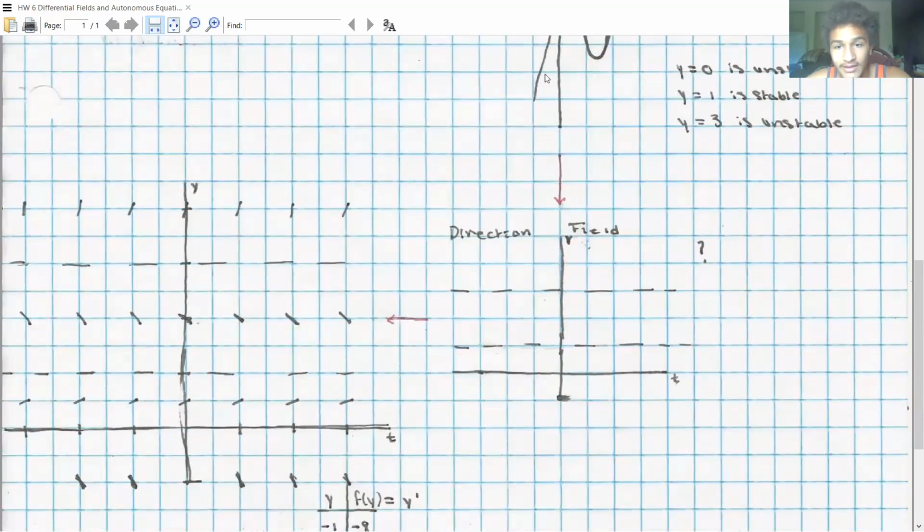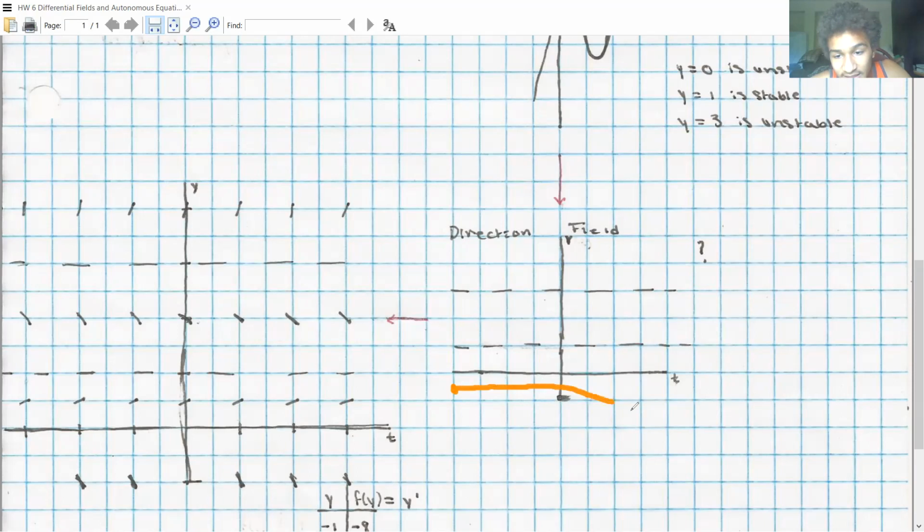So we can write it on this directional field right here, and I can draw it out. Let's say this is our y equals 0, and we have some given point right here, within our directional field. If we watch this point, we know that it has a decreasing slope.